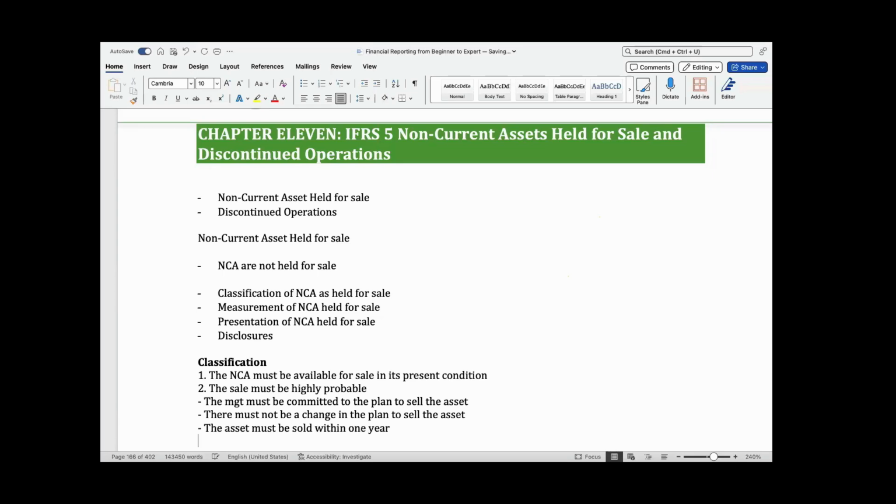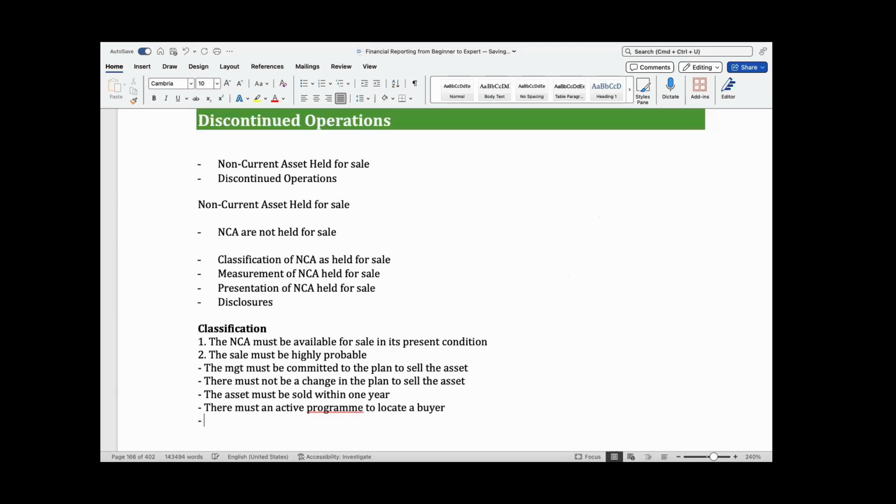Number four, in fact, before then, let's say there must be an active program to locate a buyer. And finally, the asset must be marketed at fair value.